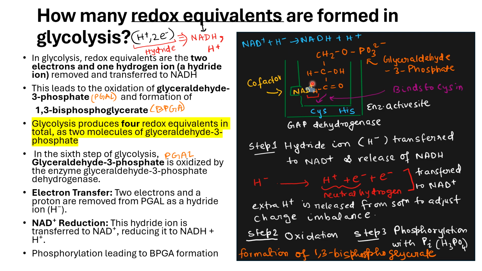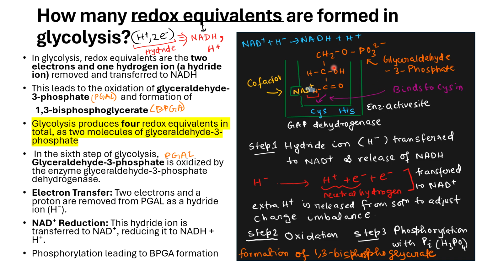Okay. Now look, this is the enzyme glyceraldehyde phosphate dehydrogenase, and this is its active site which has cysteine and histidine residues, and this is the site for the cofactor where NAD plus is binding.